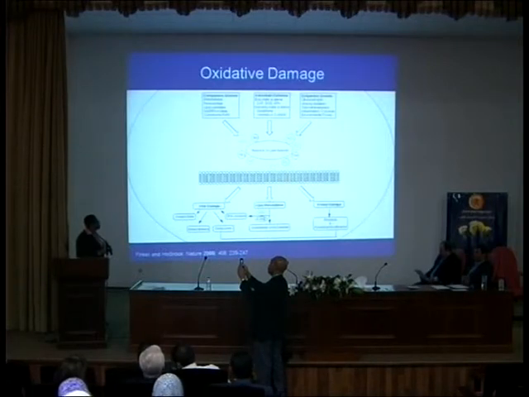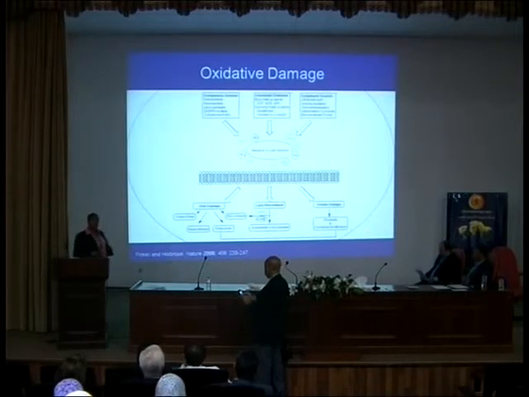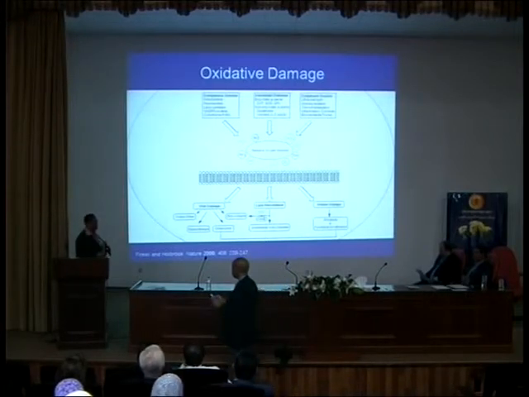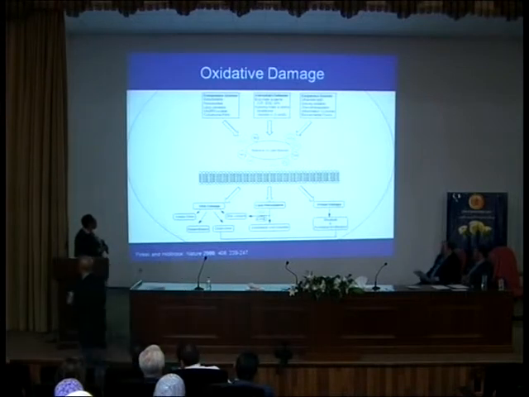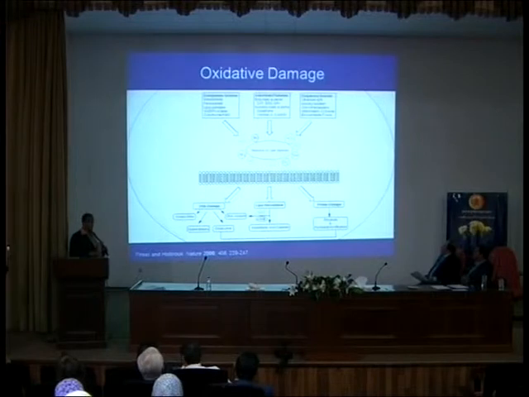Over here is hypochlorite, which is coming from chronic inflammation, and I will talk a little bit more about that in a second. Over on this side, you also see nitrogen-based reactive species, and these are also usually related to inflammation.